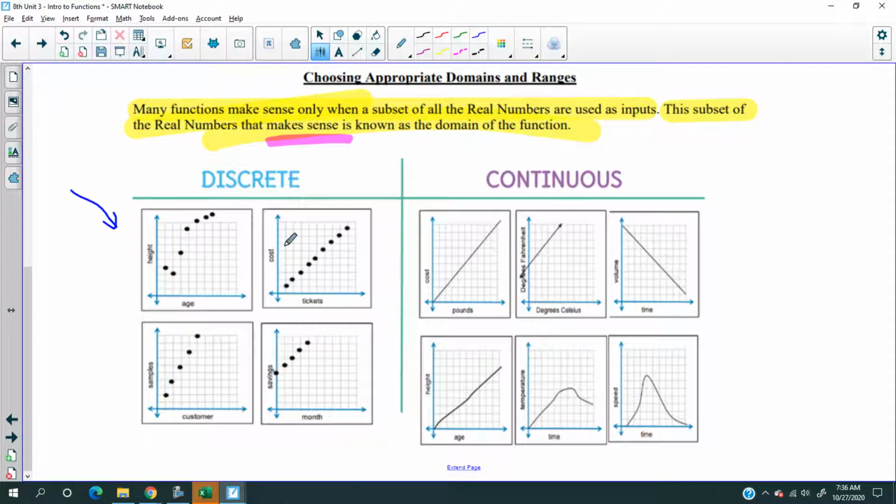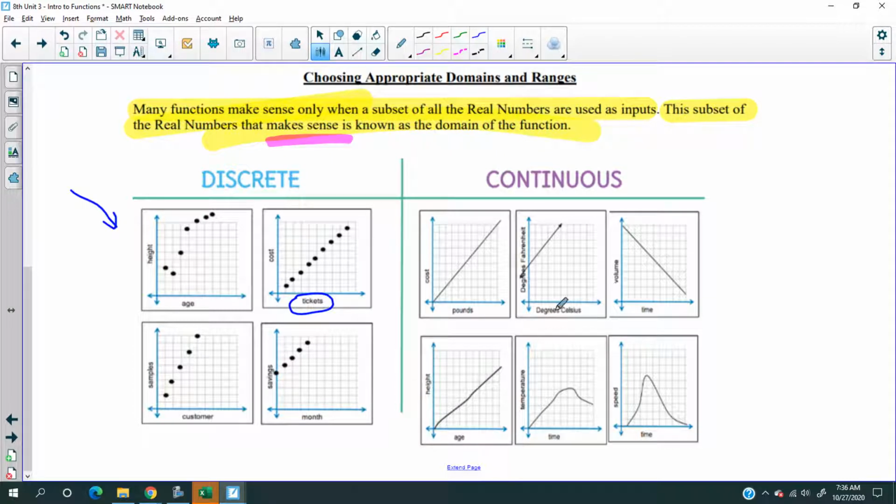So you see how these dots aren't connected? That's on purpose. If we're comparing tickets, why do tickets have to be whole numbers? Yeah, because you can't buy half a ticket.